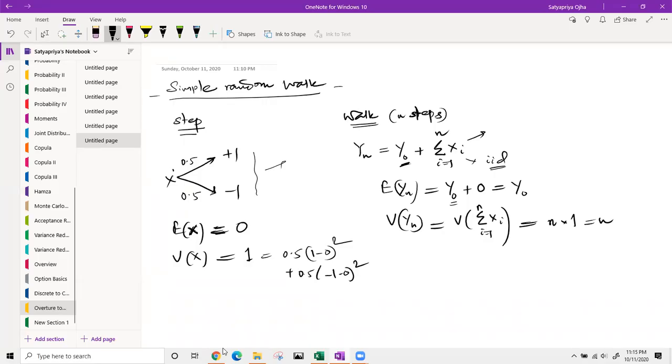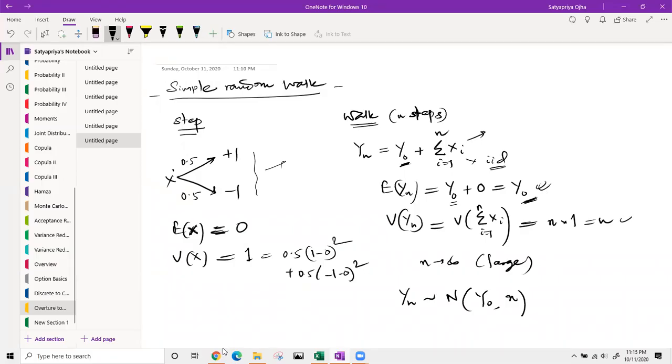Okay. So this is true. Now, if n is large, many steps, then you expect yn to follow a normal distribution with mean y0, because that is the expectation, and variance n.